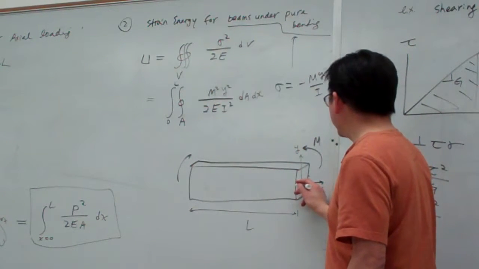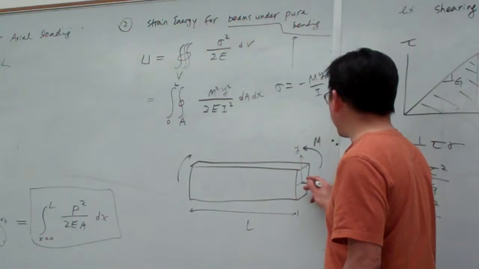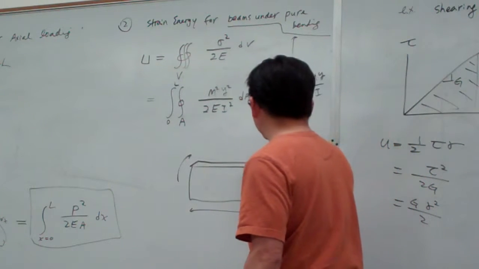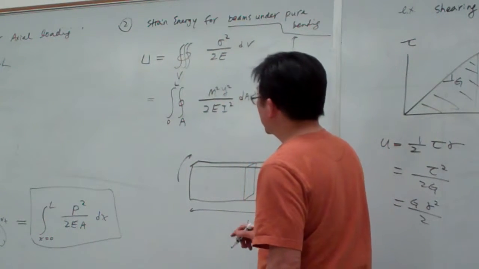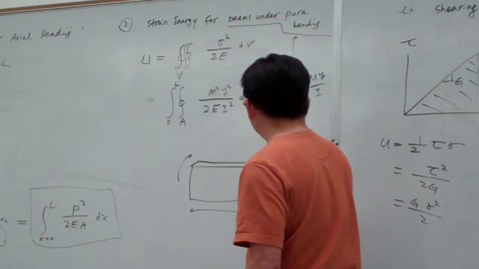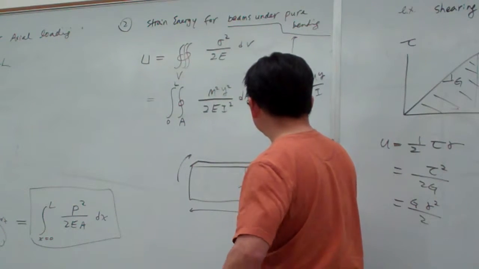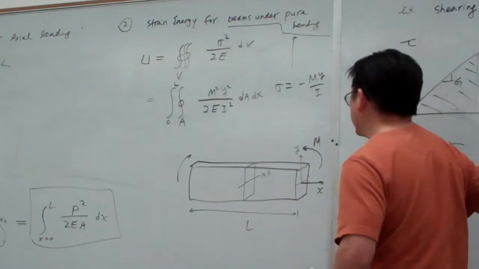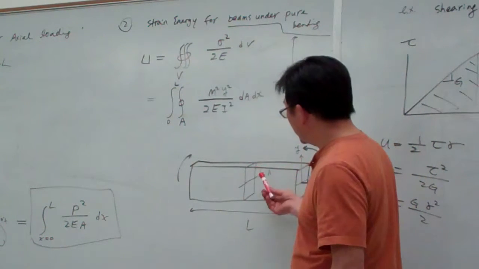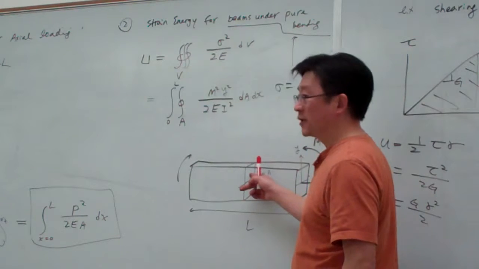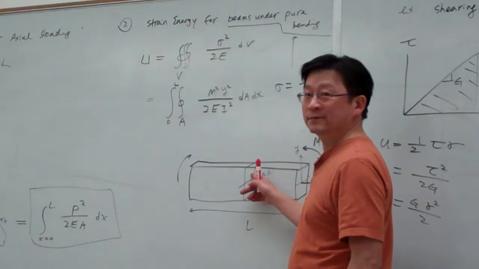Let me pick one cross section here, and this is our neutral axis. We know that the distribution of the normal stress on the cross section is not uniform.